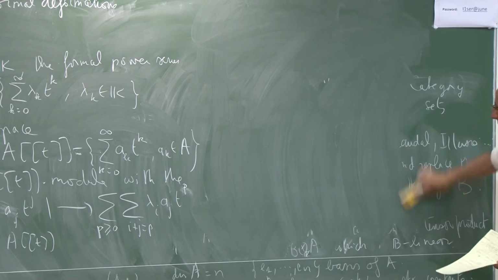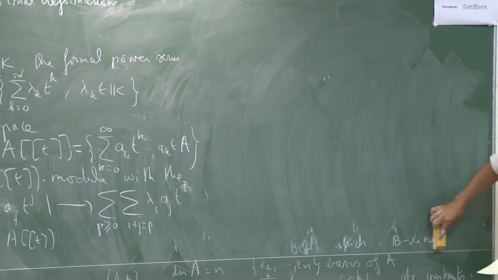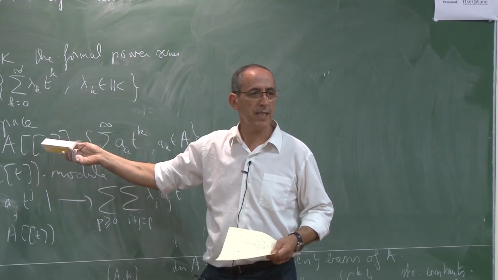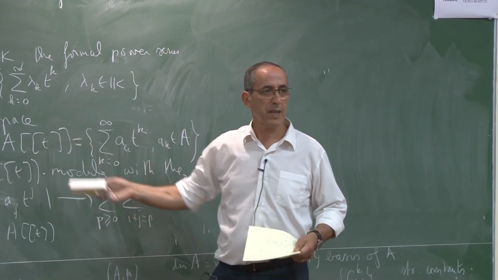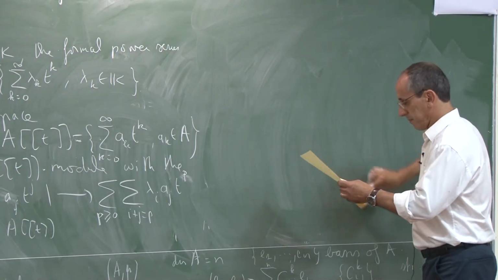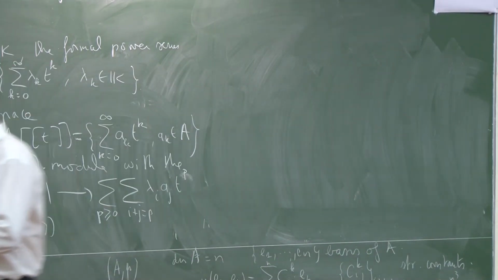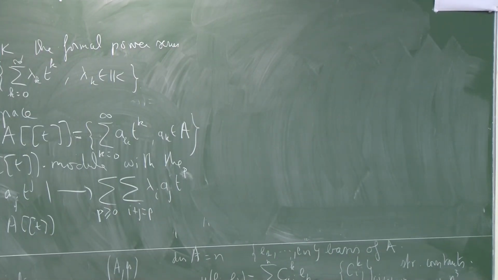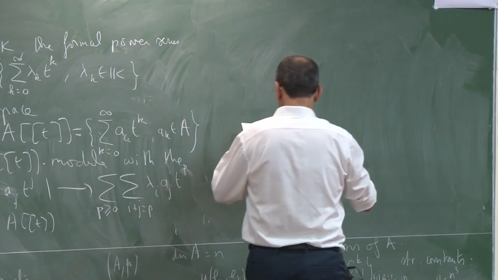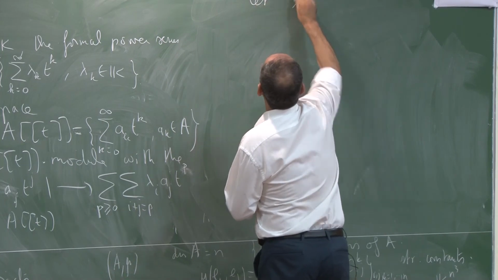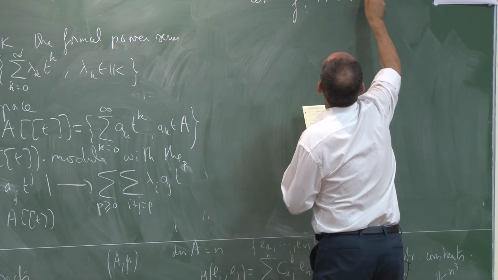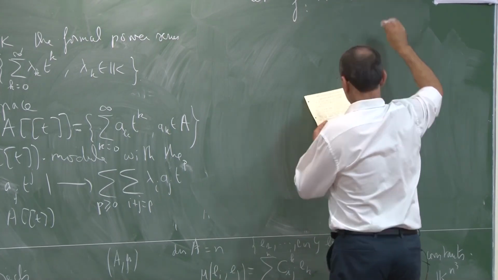And of course, the question is whether I can write this AT as KT tensor A, and this is not always possible. Then, in fact, what we have: let f go from A tensor KT to AT.